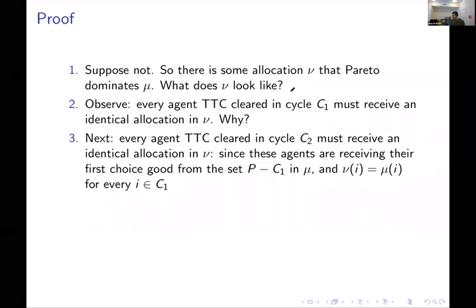And the people who were getting their second favorite good, how could they improve? They could improve by getting their first favorite good, but we've already established that their first favorite good was a good that was cleared in round one, and the goods that were cleared in round one are identically allocated in nu compared to mu. So these people can't get their first favorite good in nu either. And so, since nominally we think nu Pareto dominates mu, it's got to be that they're getting exactly the same good. So the allocation has to be identical when we look at people who are cleared at round two as well. Does that make sense?